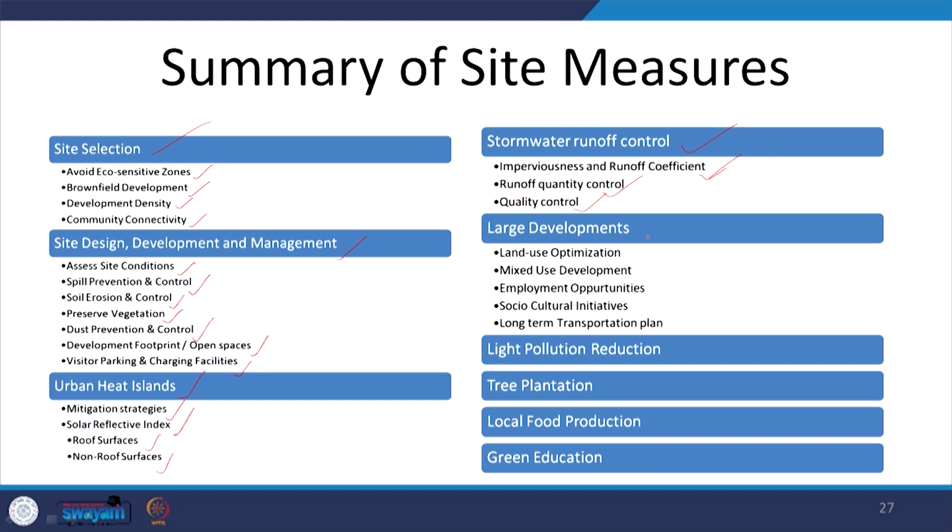Lastly, we talked about the large developments and the parameters and strategies. So, we talked about the land use optimization, mixed use development, employment opportunities, socio-cultural initiatives, long-term transportation plan. Besides this, we also talked about the light pollution reduction, tree plantation, local food production and most importantly the green education.